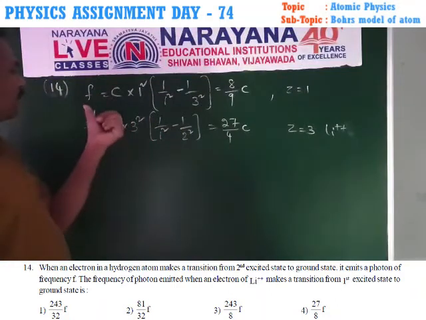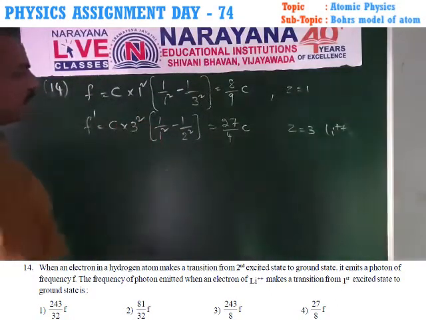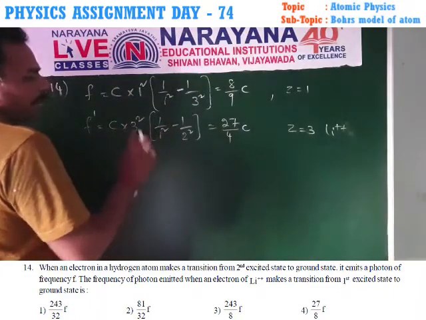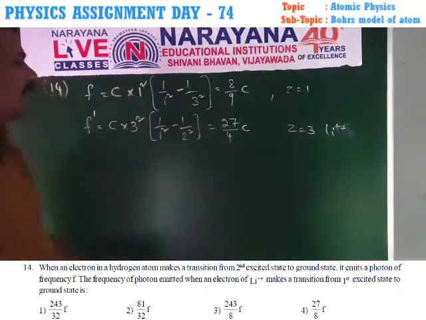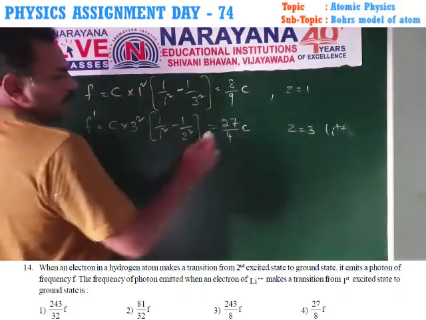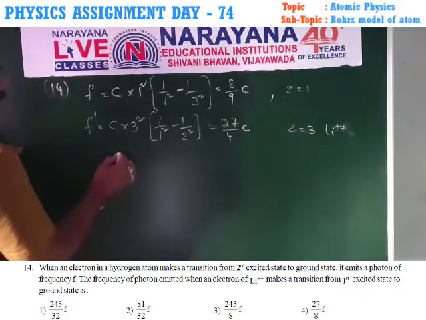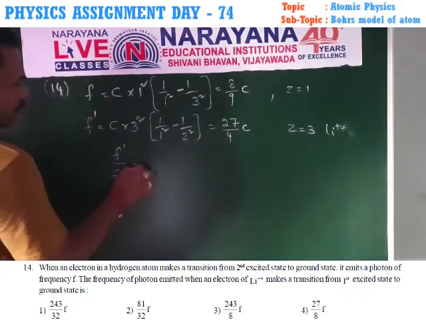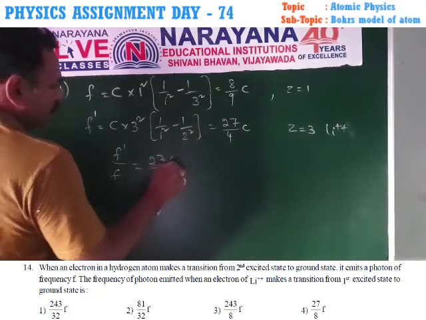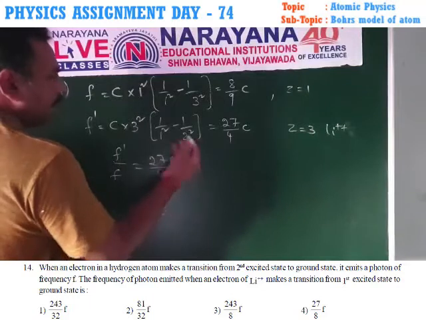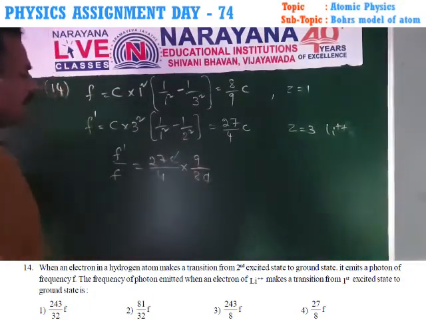Therefore frequency F dash is equal to c into Z square, 3 square. So it jumps from first excited state. So first excited state is second state. So ground state to second state. And calculating this, we get 27 by 4 c. So by dividing it, F dash by F is equal to 27 by 4c divided by 9 by 8c. c will be cancelled.